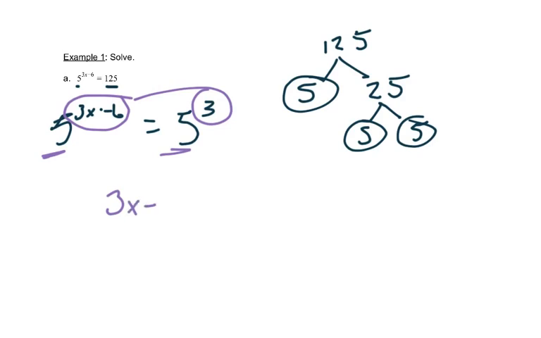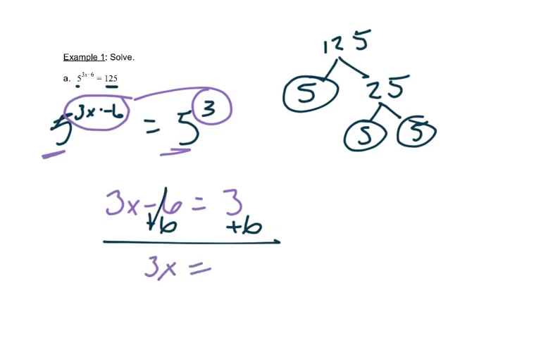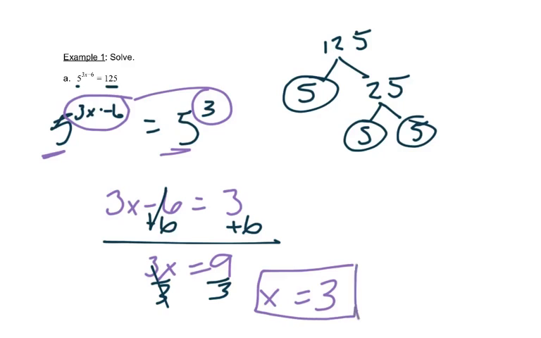So we can rewrite the exponents as its own equation, and we can solve that equation. We add 6 to both sides, and then divide both sides by 3, and we get x is equal to 3. And that solves this problem by making the bases match.